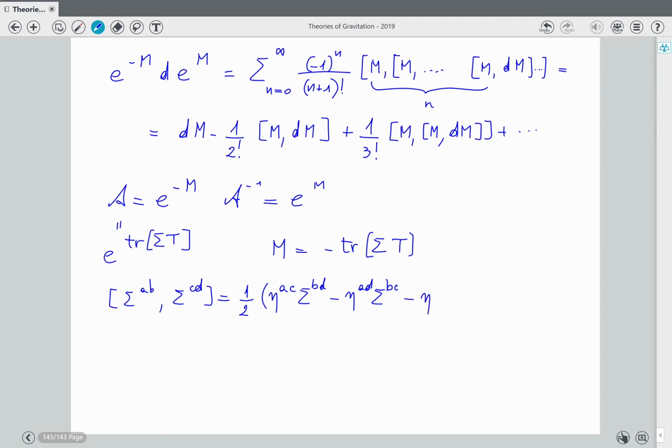They are obtained from the first by anti-symmetrization.